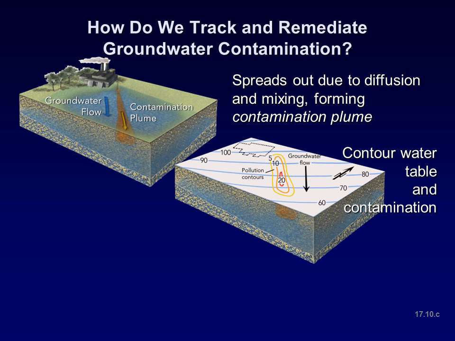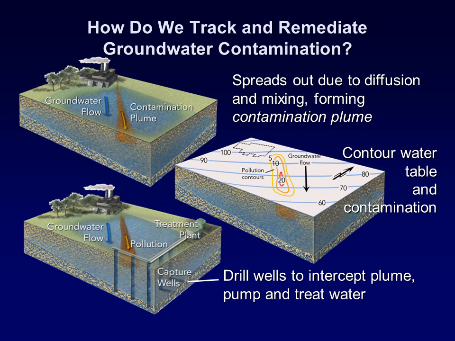On a contoured water table, we can see the concentration of the contaminant and track the plume. Okay, so this is a step here. On the first image, we know, okay, we've got contamination, now what? The first thing we want to do is draw contours on the water table, figure out what direction the water's flowing, and draw out our contamination plume.